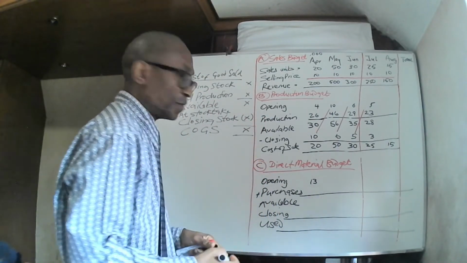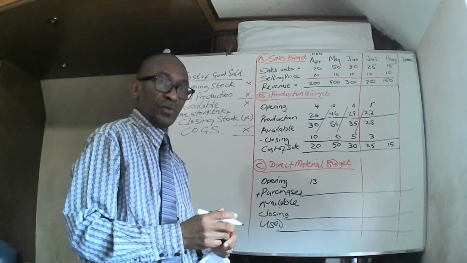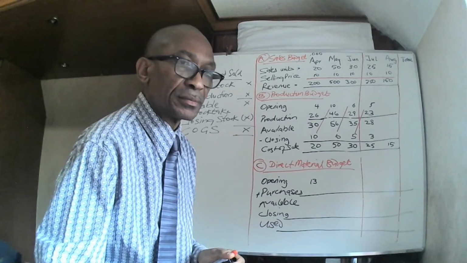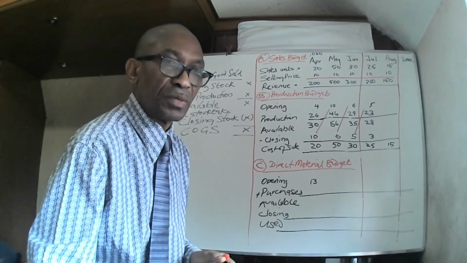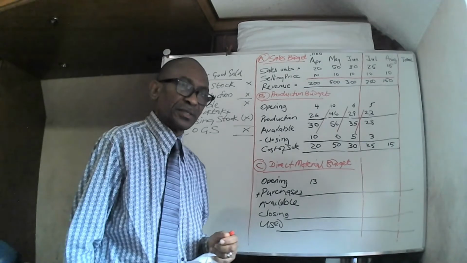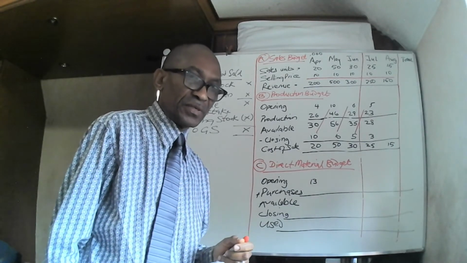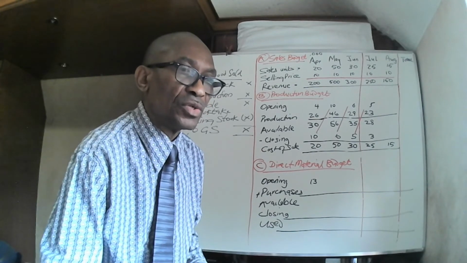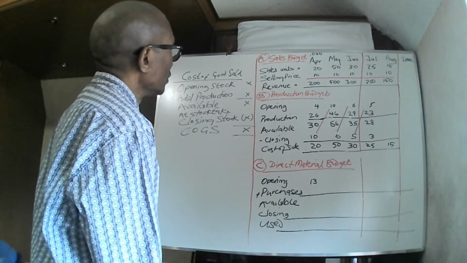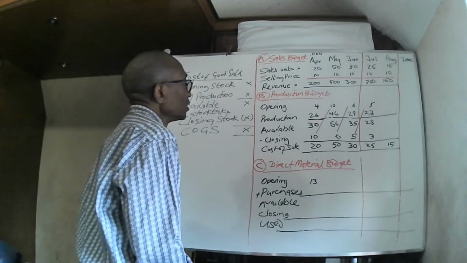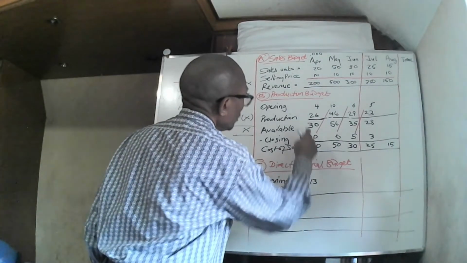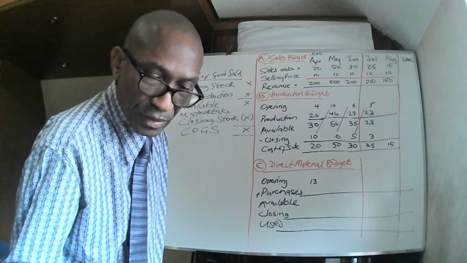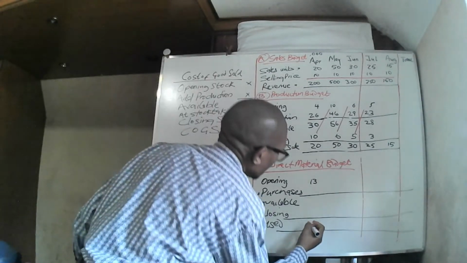All right. We are also told that 5 kilogram of material was used to produce 1 unit. Was used in production. So if we produce 26, it means that 26 times 5 is the material used. 130.